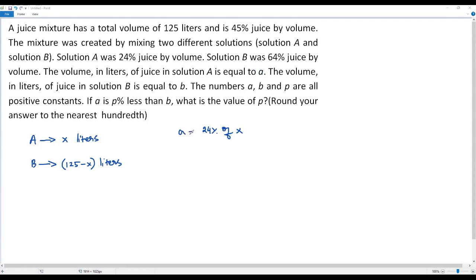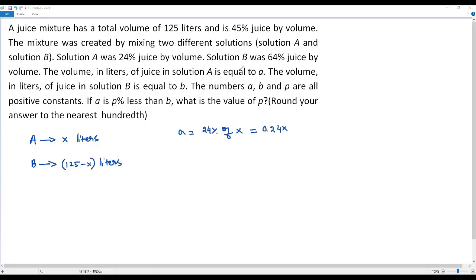So we have A equals to 24% of X, and we can do some simplification over here. That is, we can convert this 24% to decimal, then I'm getting 0.24. And when we have of in math, it can be considered as multiplication, that is 0.24 times X.